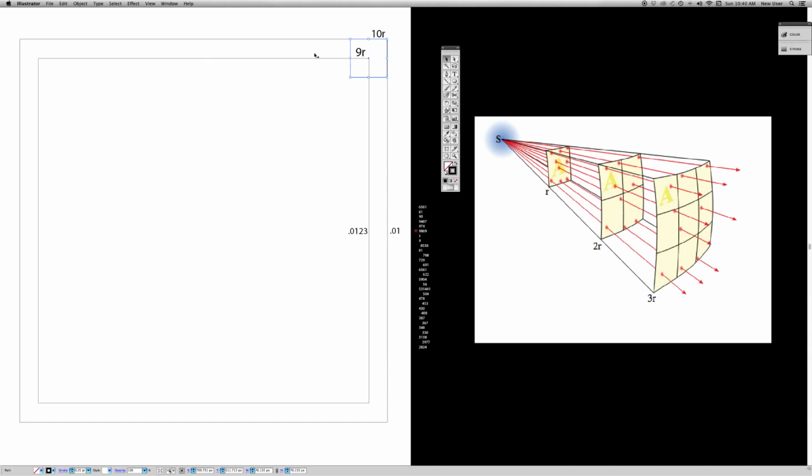But the area is 9 by 9, which is 81, or an 81st, and 100 divided by 81 is 123. So the strength of the radiance at 9R is 0.0123, that of the 1 square, and at 10R it is a 100th. It's 0.01, the strength of that, of the 1 square.